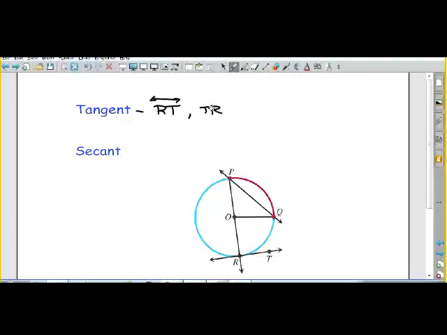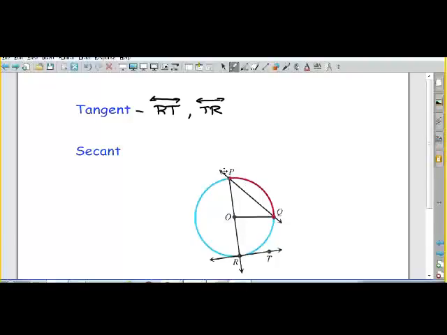You could also say it's line TR. Again, lines don't matter what the order of the letters are. It doesn't have to be the point that it's tangent at. One interesting thing about tangent lines is they are perpendicular to the line that goes from the center to that point. So this angle would be 90 degrees right here.